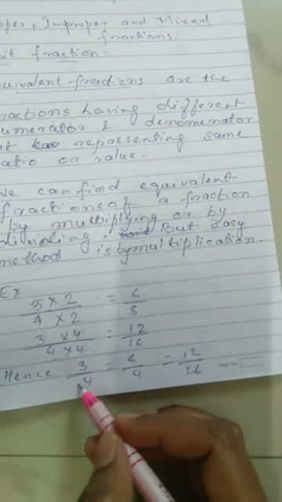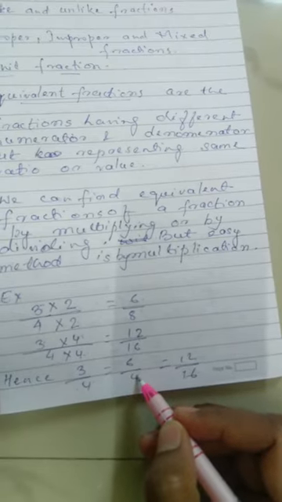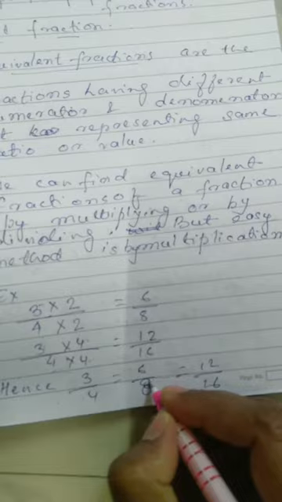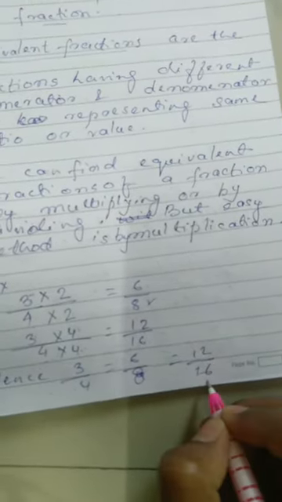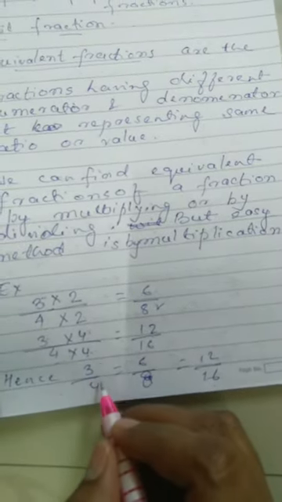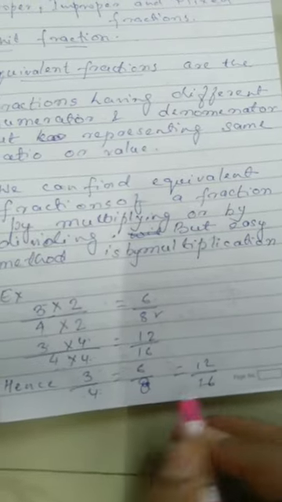Hence, equivalent fractions of 3 upon 4 are 6 upon 8 and 12 upon 16. So this is 3 upon 4, 6 upon 8 and 12 upon 16.